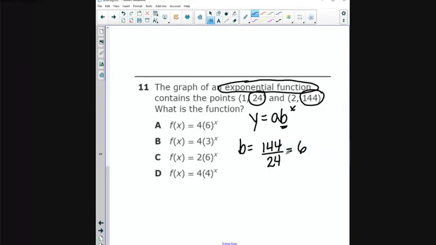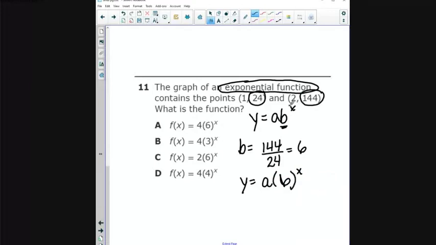So this is kind of brand new to us, right? To find a, you're going to substitute either point into the equation. So right now we know that y equals a times 6 to the x power. So we're going to pick a point and plug it in.